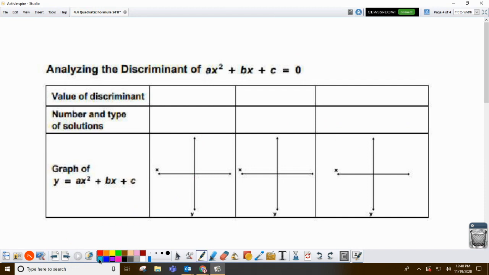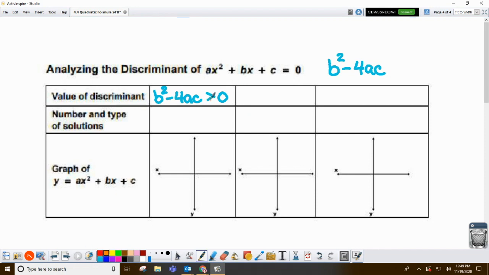So when the value of the discriminant, again, the discriminant is just the b squared minus 4ac part, the stuff that's under the square root of the quadratic formula, when b squared minus 4ac is greater than 0, what are the numbers that are greater than 0?